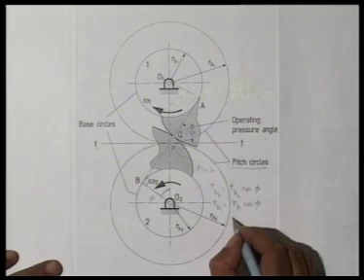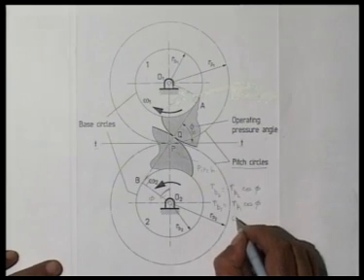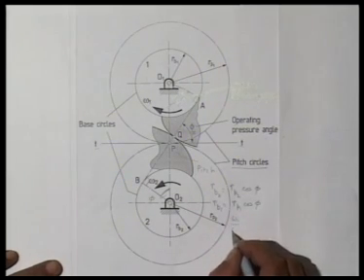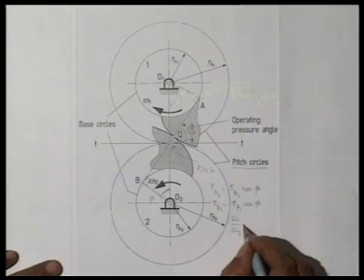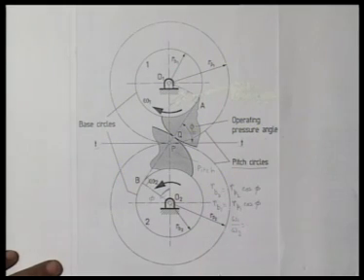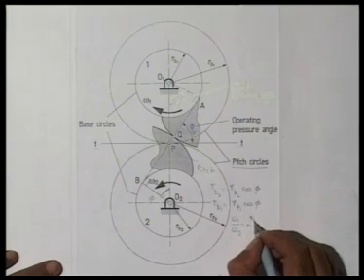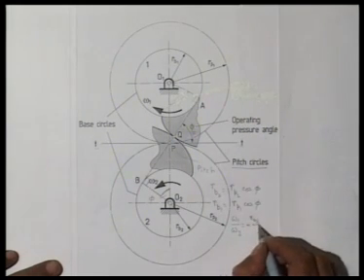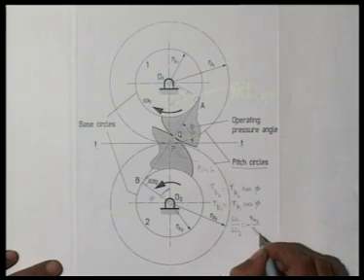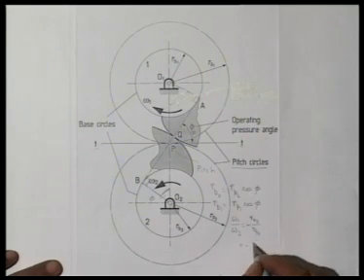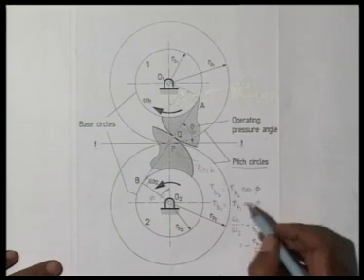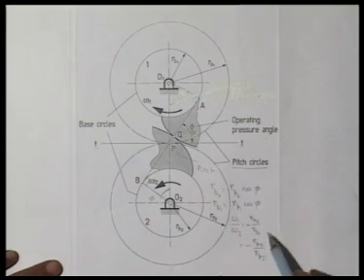So the angular velocity ratio omega 1 by omega 2, which we earlier have seen as minus RB2 by RB1, is also equal to minus RP2 by RP1, because if you divide this by this, cos phi cancels, and we get this.